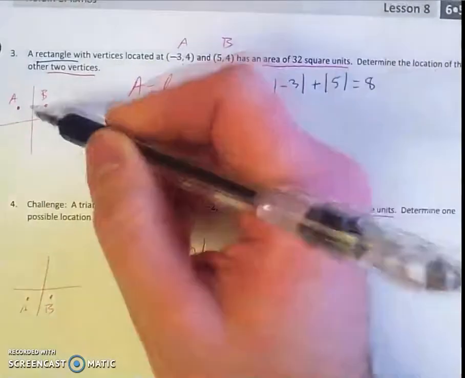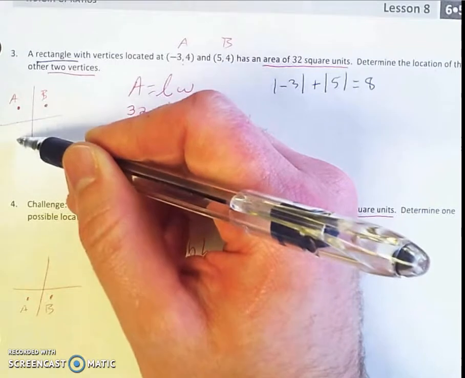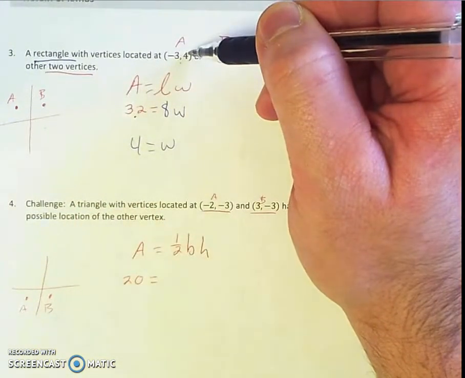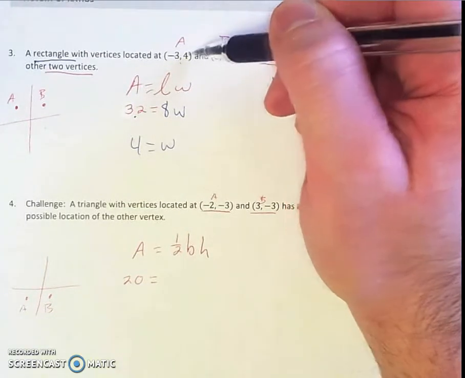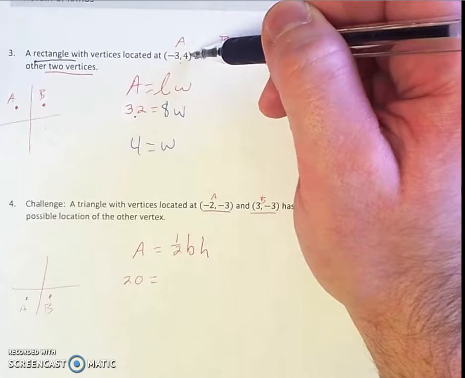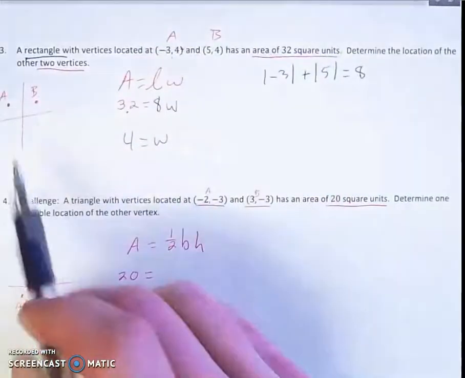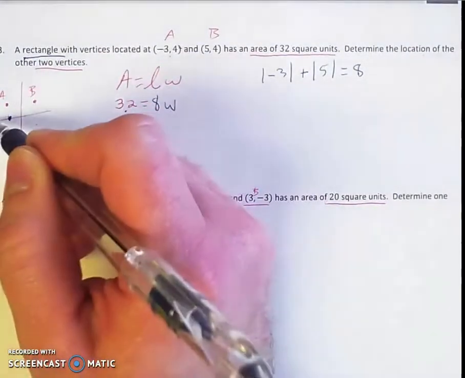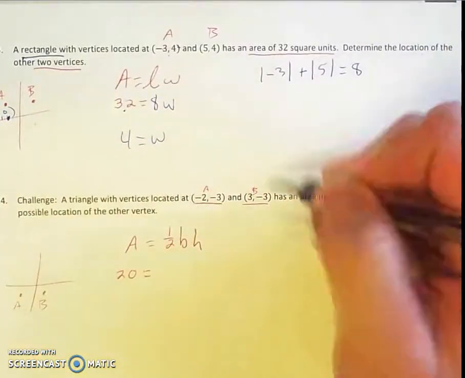So what we need to do now is think about points that are going to give us 4 square units on the other side. So what I'm going to do is I'm going to take a look at point A, and I see that I have -3, 4. So I'm going to take that, and I'm going to subtract 4 from my y coordinate. So instead of being at -3, 4, now I have a point here at -3, 0. Okay.